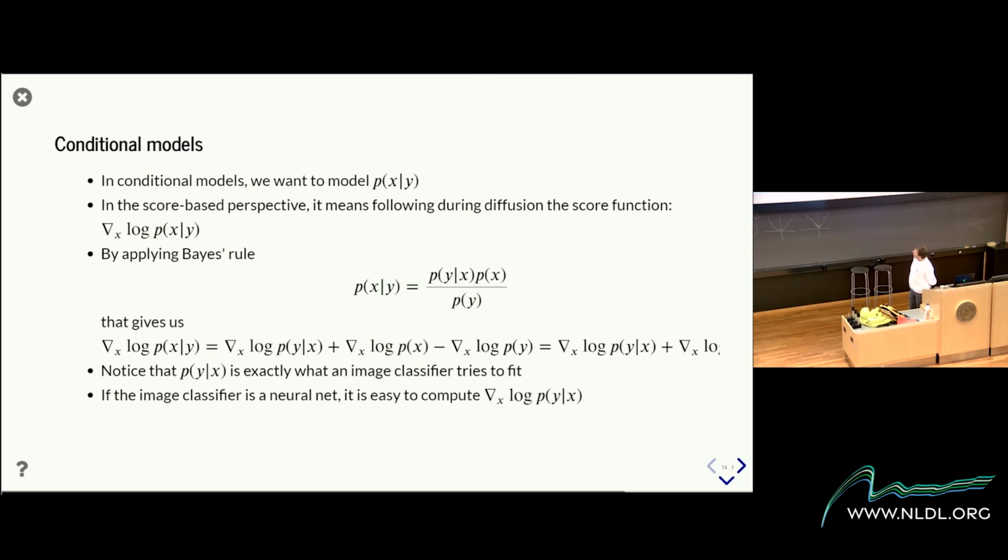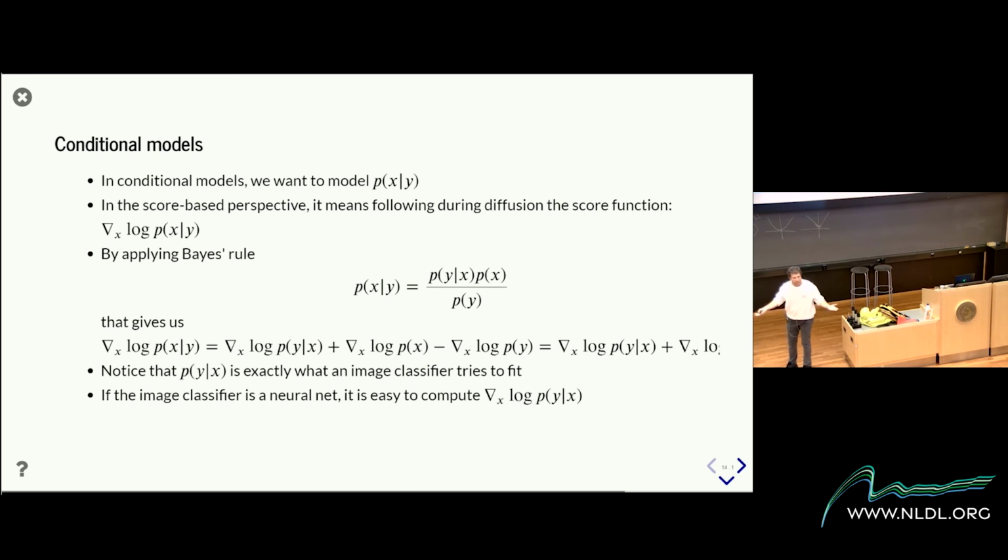Okay, let's look at these two terms. This term is the same one that we had before. This is just the unconditioned score function. What is this other one? Well, p of y given x is exactly what an image classifier is trying to fit, right? So this is the probability of having the class string "bag" given an image of a bag.